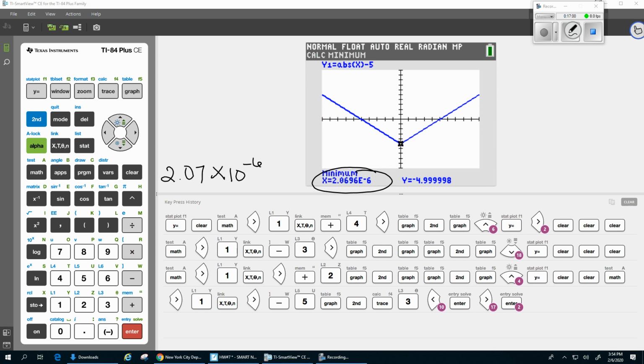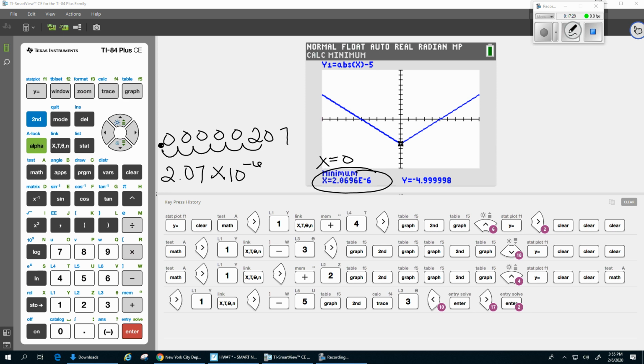This is the number 0.0000207. This is extremely small. This is very, very close to x equals 0.